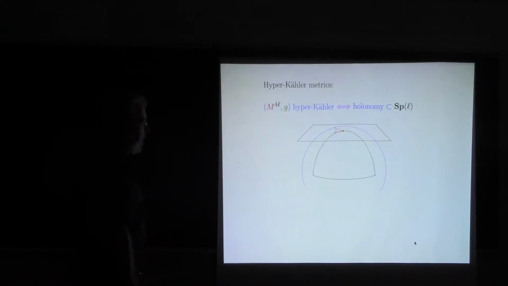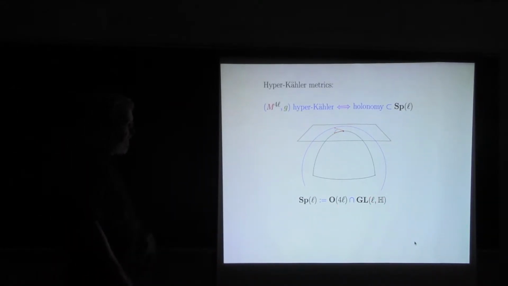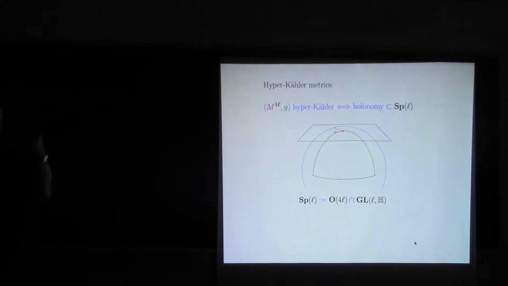So Sp(L) is by definition the intersection of the orthogonal transformations in O(4L) with those transformations which are also quaternionic linear, thinking of these as transformations of quaternions to the power L, H^L is R^4L.